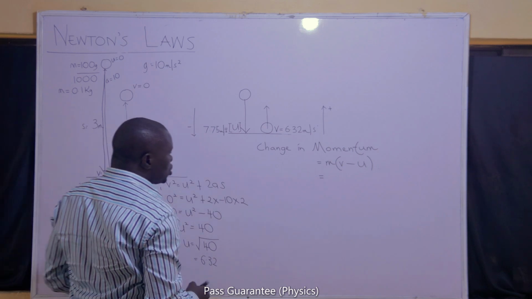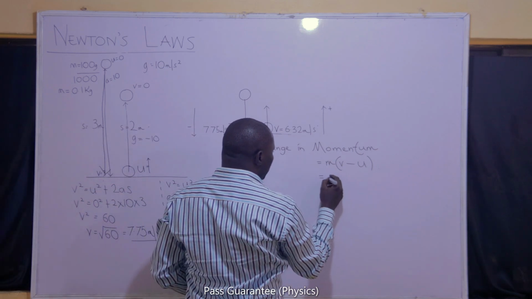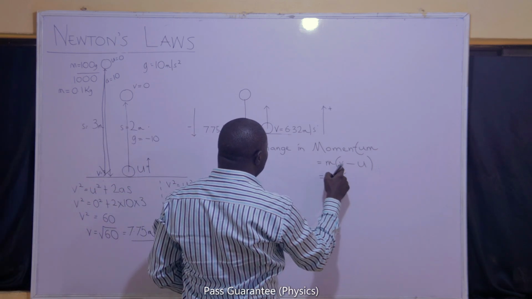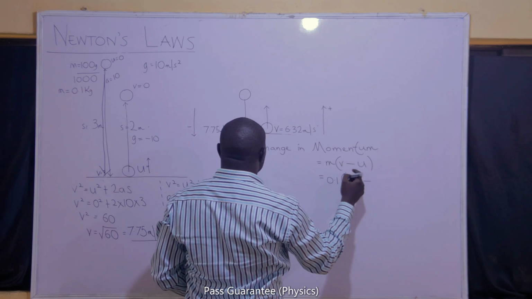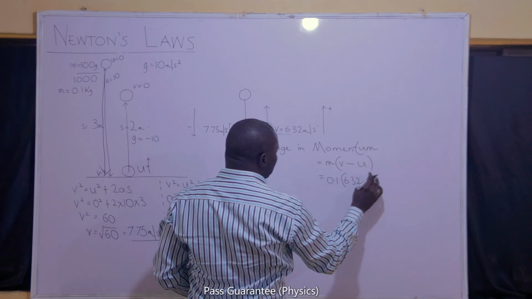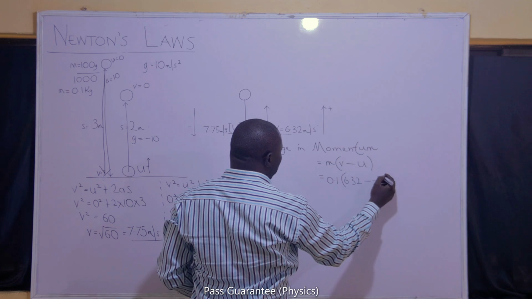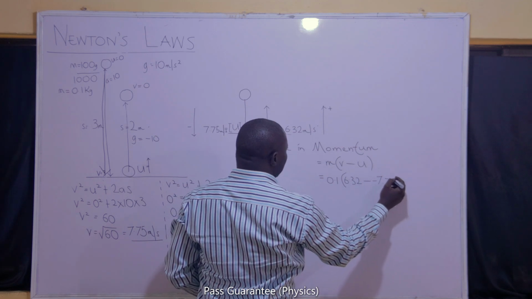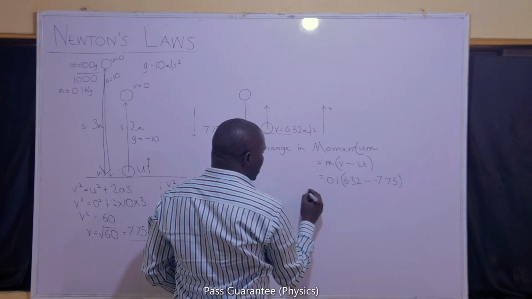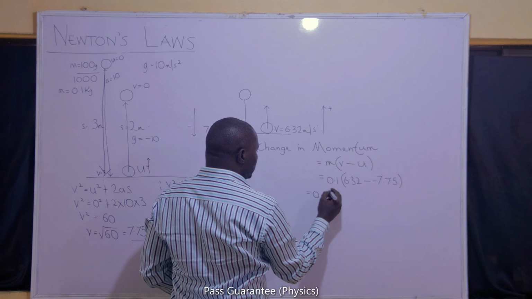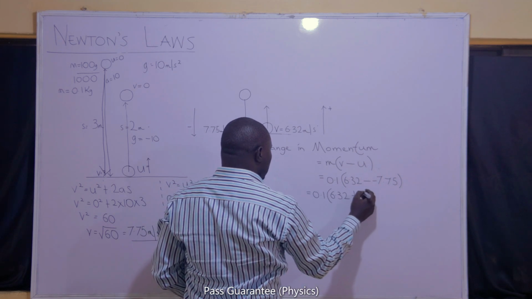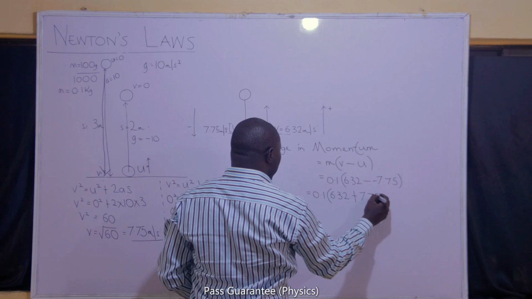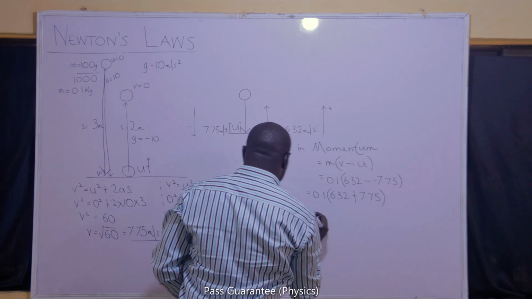So the change in momentum will now be 0.1 multiplied by the final velocity 6.32 minus the initial velocity, which is minus 7.75. If I do that, that should be 0.1 open bracket 6.32 plus 7.75, and I can continue with that.